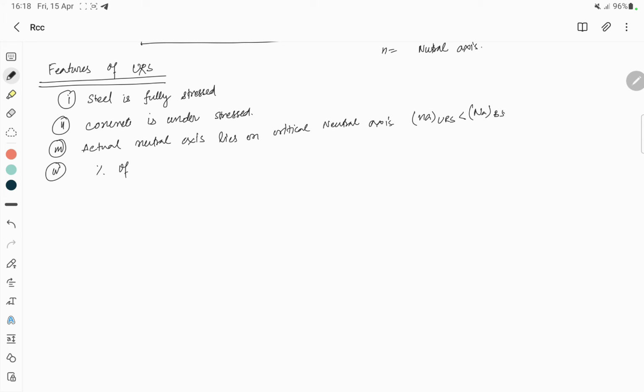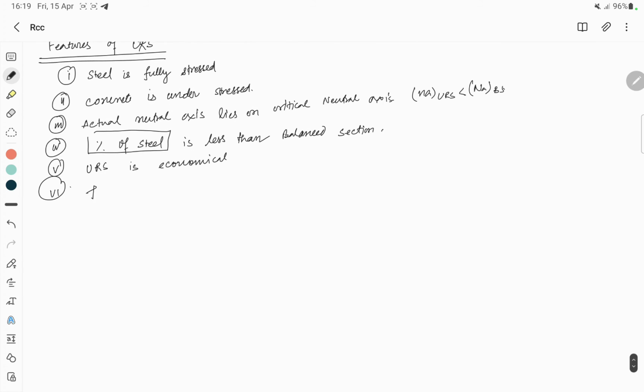The percentage of steel is less than the balanced section. This under reinforcement section is also economical. Why? Because the percentage of steel is less.